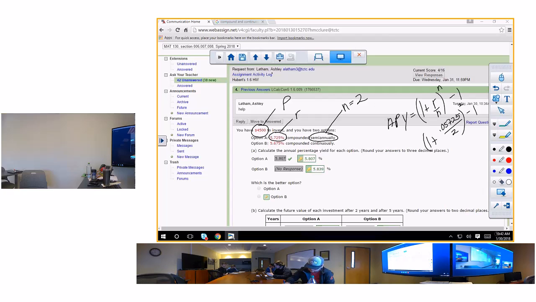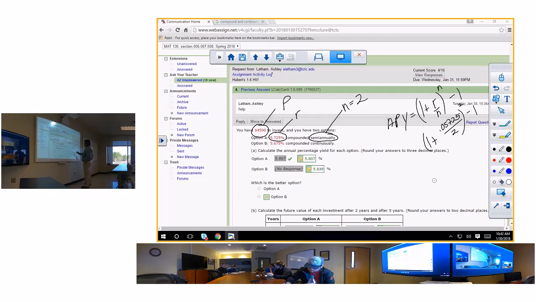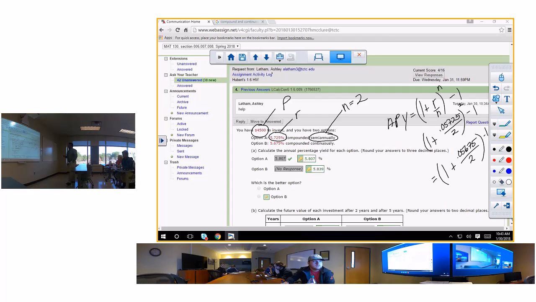When you do that math, you should get 5.807. For the E, that's 1 plus 0.05675 divided by 2, minus 1. And that should be just a little bit more.